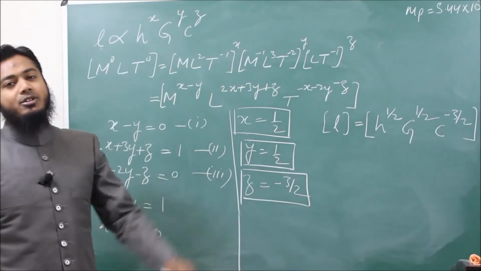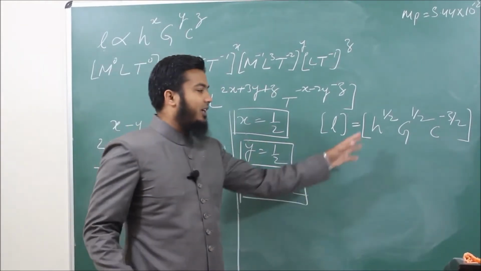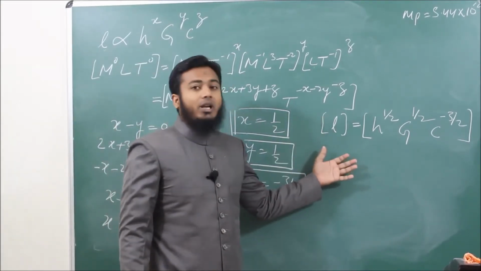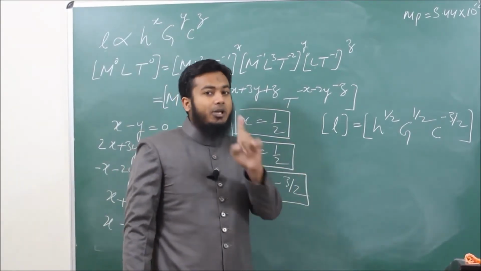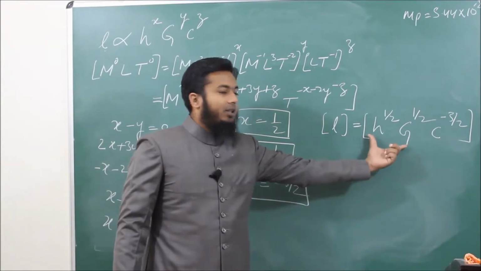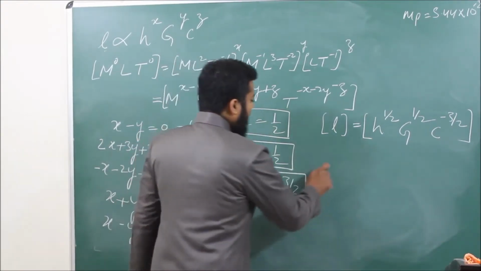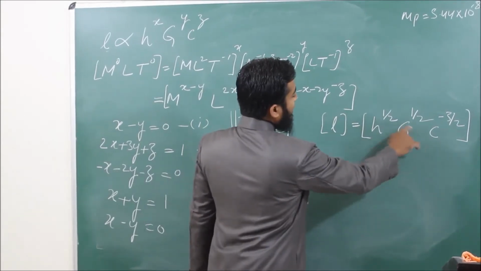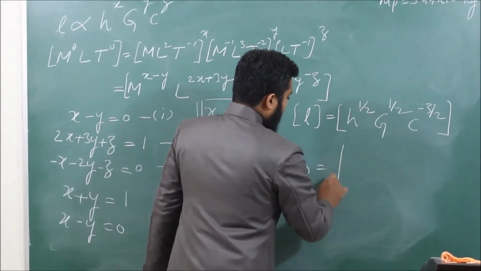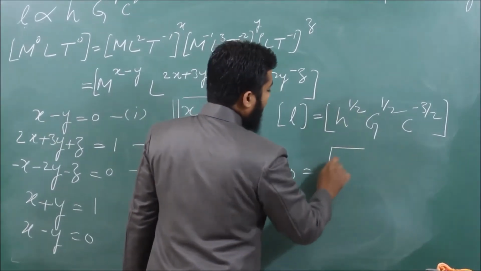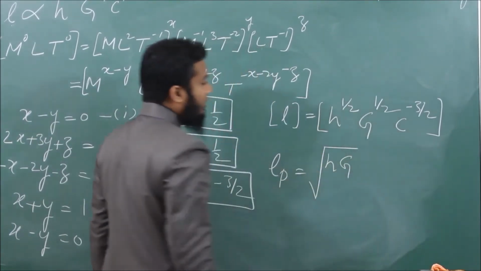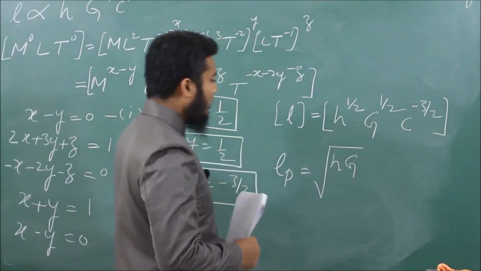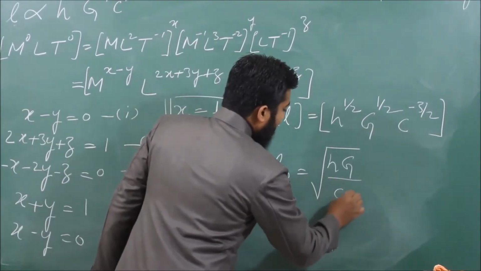So this is the dimensional formula for length in terms of H, G and C. Further, you can calculate how much will be 1 unit length in this system. So let's write this LP, Planck length, and H, G have powers plus half. So they will appear in numerator, H into G, and C has power minus 3 by 2. So I can write it like this, C cube.